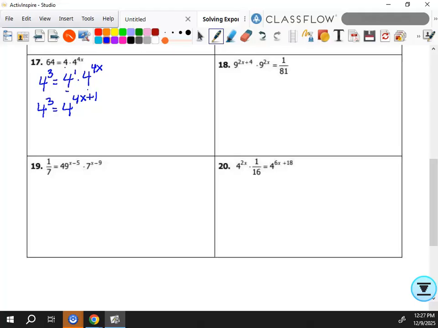Everybody with me? Now I can drop my 4's and get 3 equals 4x plus 1. So 2 equals 4x. x equals 1/2. 2 over 4, which is 1/2.